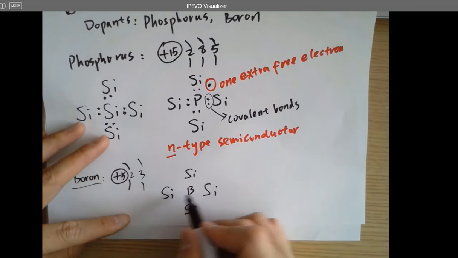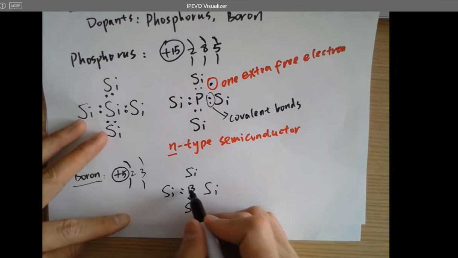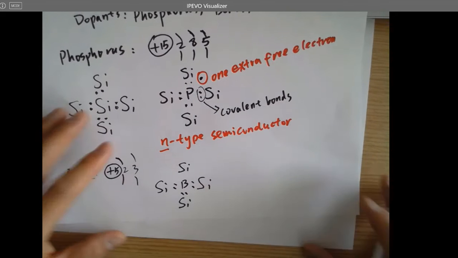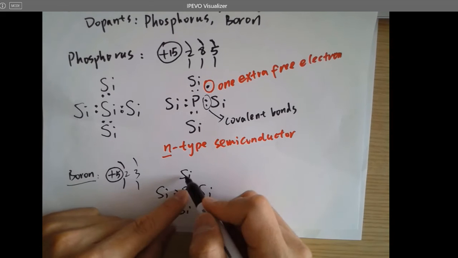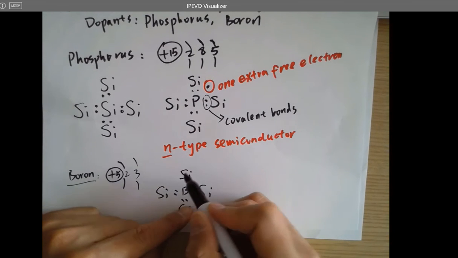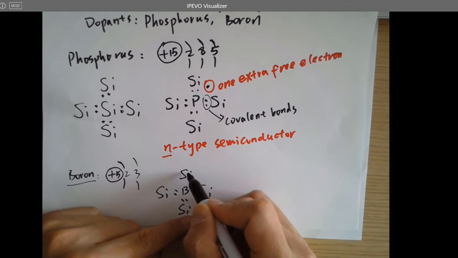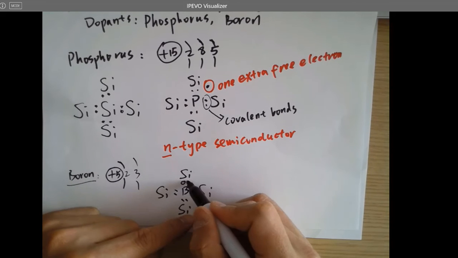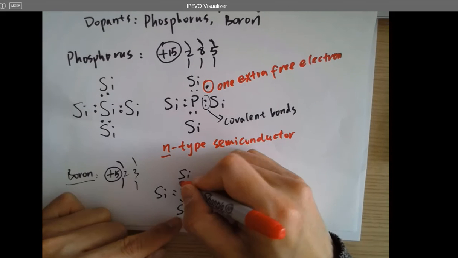Which means after you dope this pure silicon with boron, 3 of the electrons from boron can form covalent bonds with the 3 adjacent silicon atoms, but just 1 here is different because boron only has 3 valence electrons. So here we will not have another electron to form the covalent bond with this silicon atom. What's going to happen is it will leave a hole here, but this silicon still has an electron. It's just because the boron does not have an electron to fill this hole.